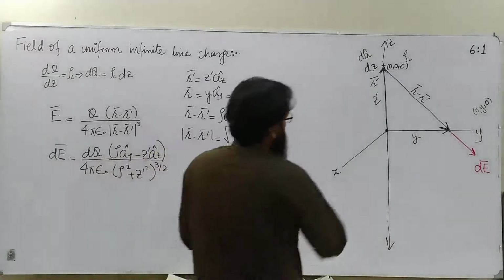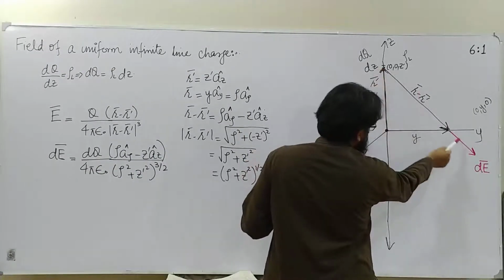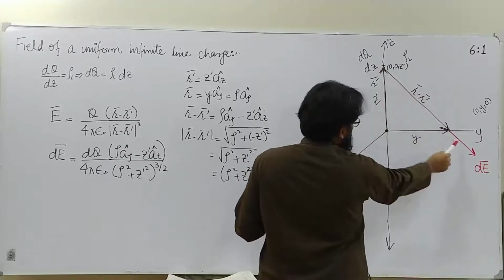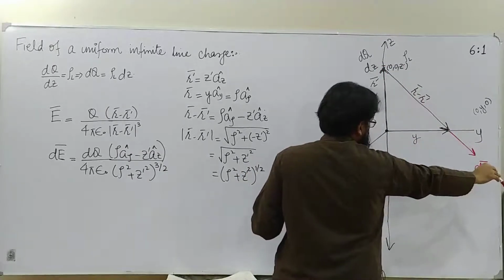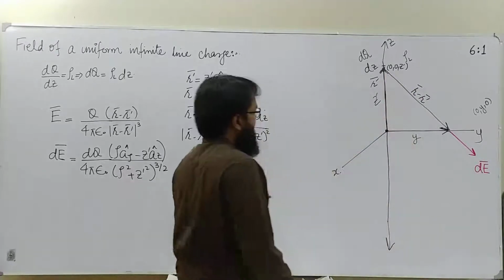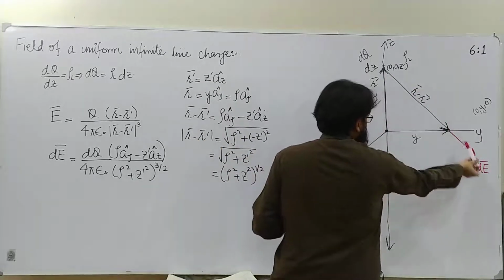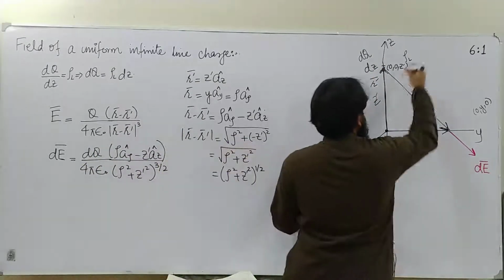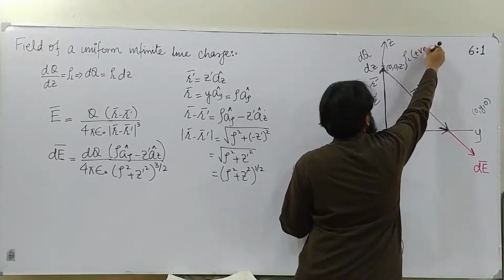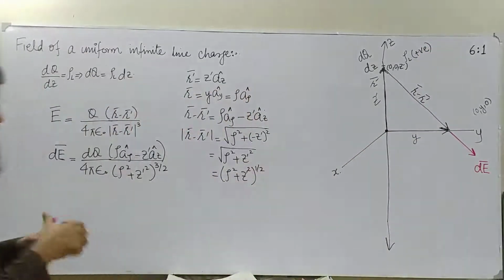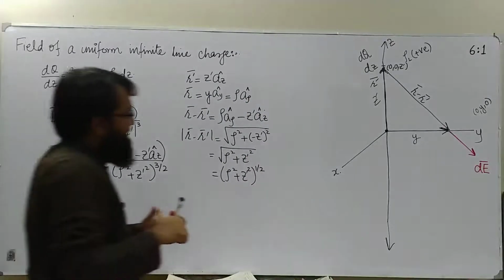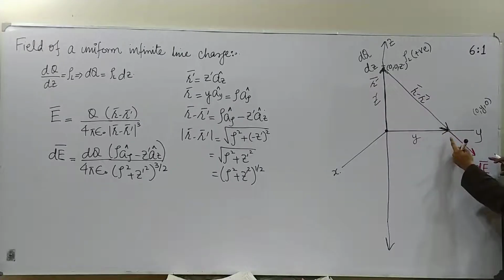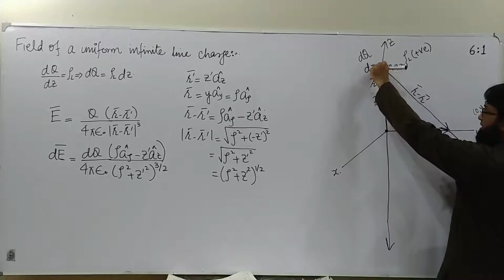Obviously, according to Coulomb's law, you know that the force acts along the line joining the field point and source point, and it is always repulsive if this is a positive charge, and it will be attractive if this line charge density were negative. So for the sake of this derivation, we are just considering that this rho L is of some positive value. So let me write this component of electric field intensity, which is due to this differential point charge.